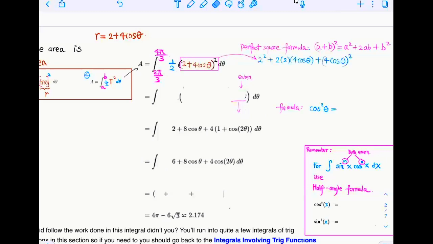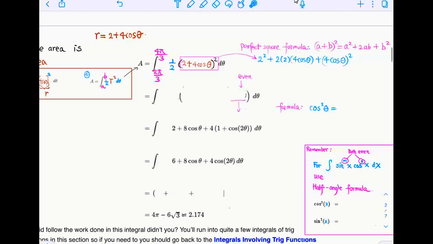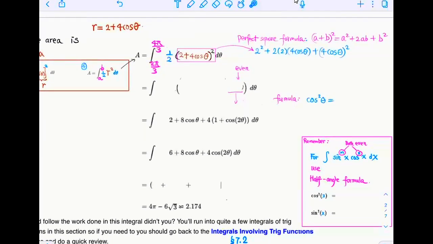Now simplify this, we get 4 plus 16 cosine theta plus 16 cosine squared theta. And the 1/2 in front divides out with 4, 16, and 16, giving you this expression over here. You're still integrating from 2 pi over 3 to 4 pi over 3.